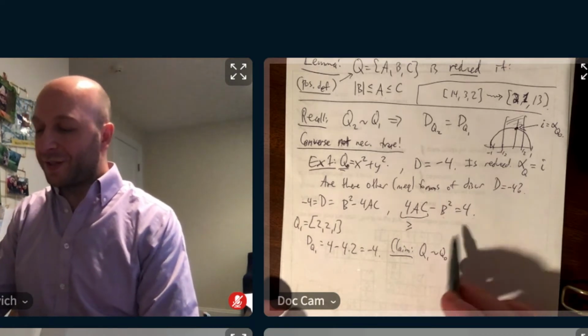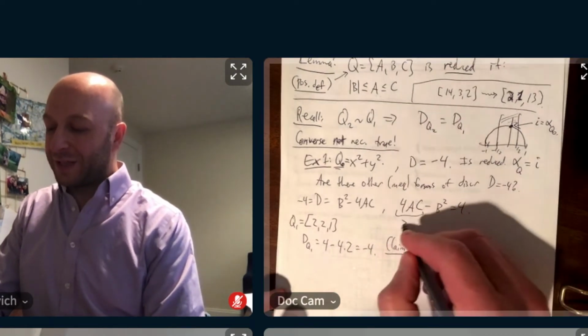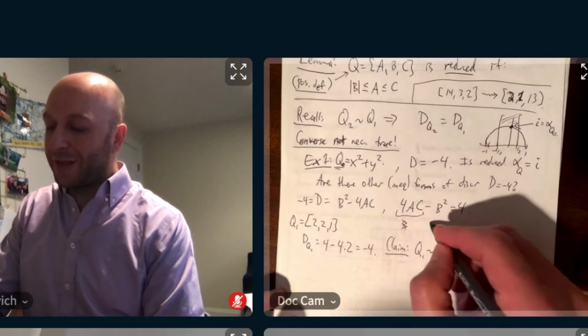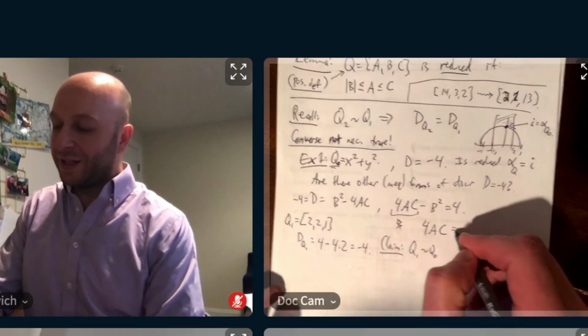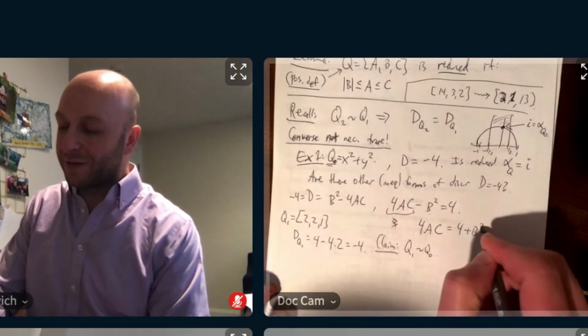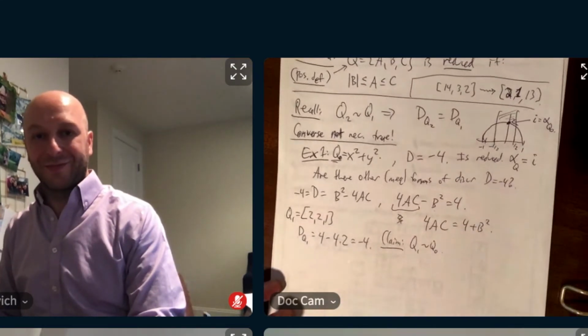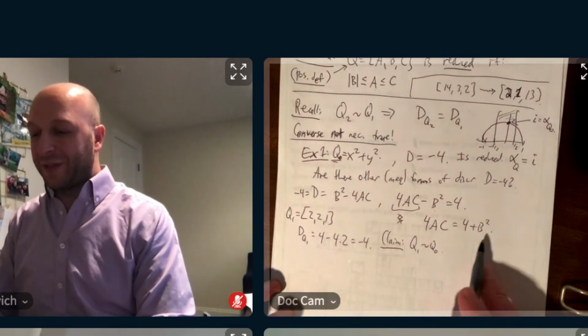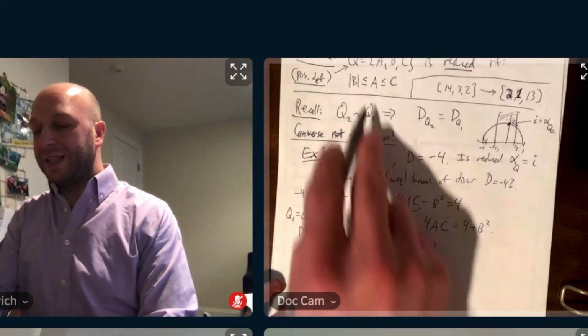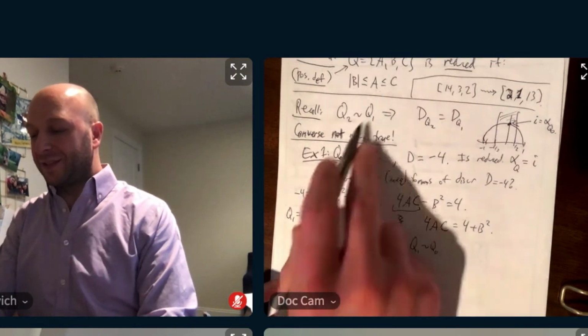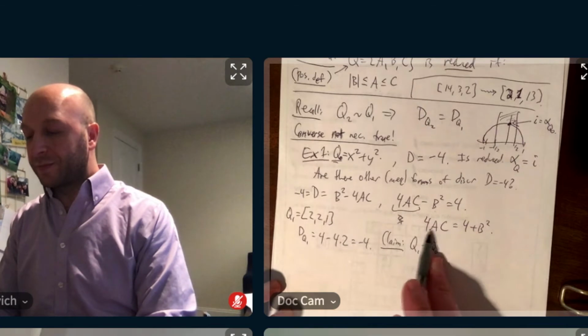Well, let's move it to the other side. So let's think about this. I just want to think about positive numbers. So 4ac needs to be equal to 4 plus b squared. Except that b needs to be less than, so let's make this side bigger.